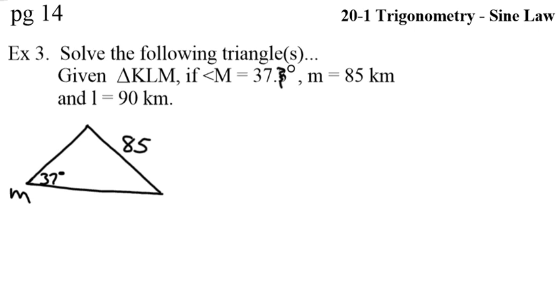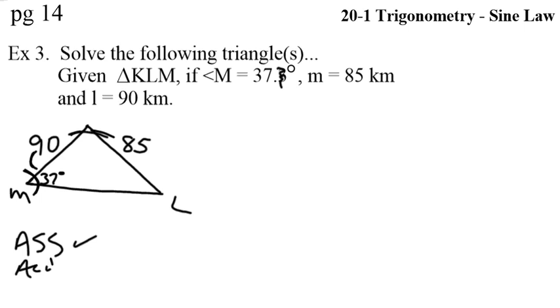And I just find myself, I always try to go angle, side, side. Because this way, it follows a pattern, it can be a little easier. So we have angle, side, side. 37, 90 kilometers, 85 kilometers, angle, side, side.